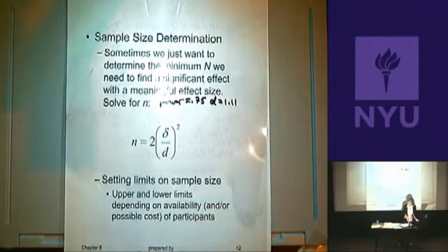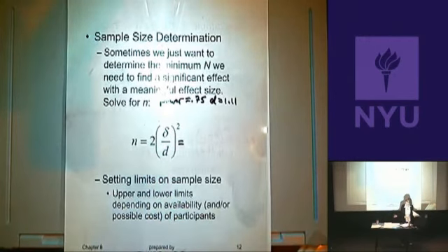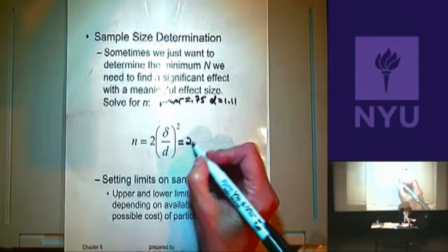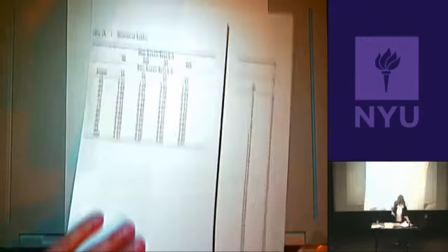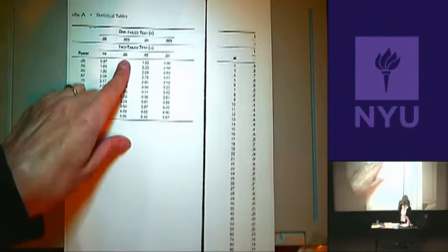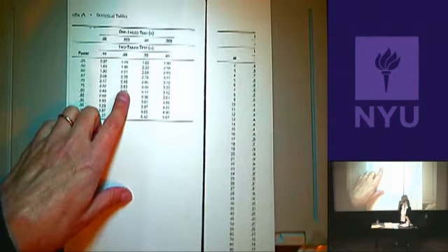So what am I missing? What's the only thing I'm going to be missing here? Yeah, it's still delta. So I need to find delta for a power of 0.75. And again, we'll assume alpha 0.05, two-tailed. So then the delta is 2.63, just gotten from the table.